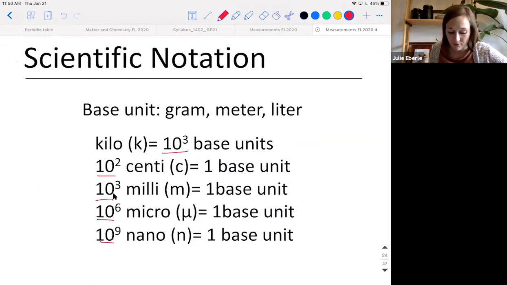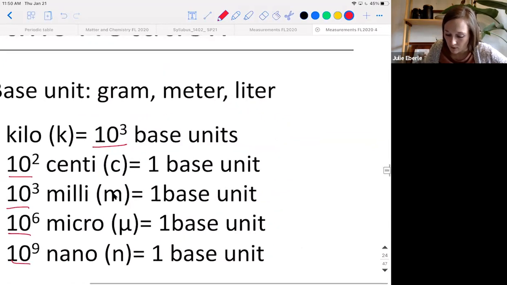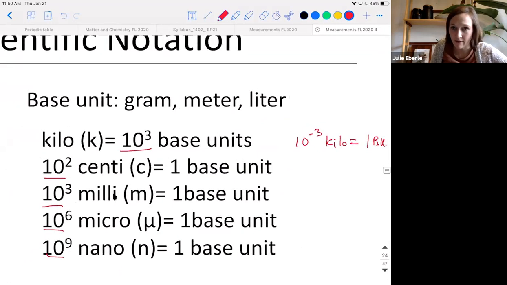For example, some people may have learned that 10 to the minus 3 kilo is equal to 1 base unit, okay? It's the same information though that we have. There's so many different ways you can write these out. Some people may have learned that 0.001 kilos equals 1 base unit, okay?